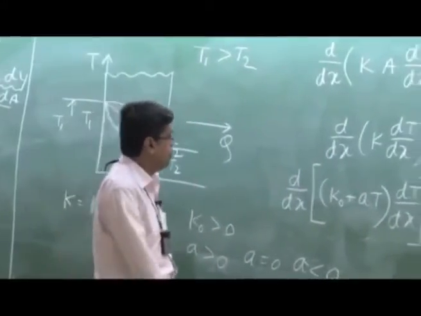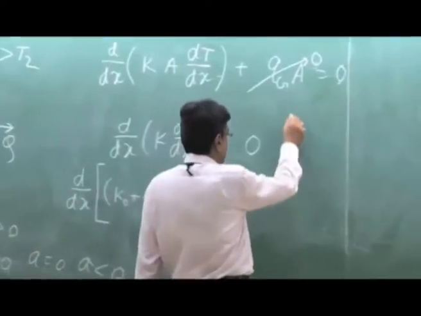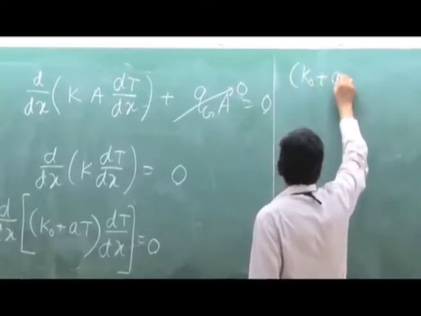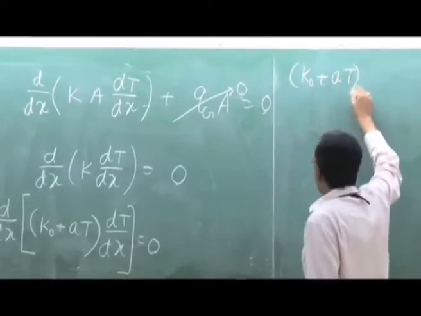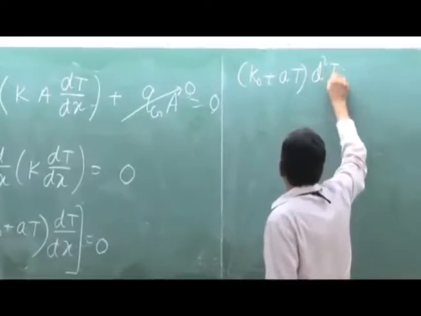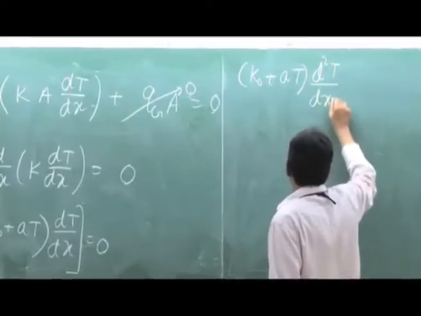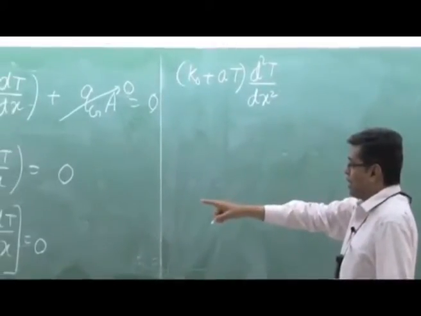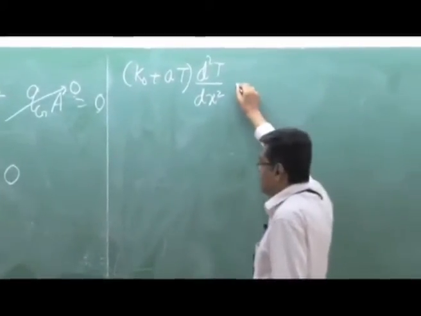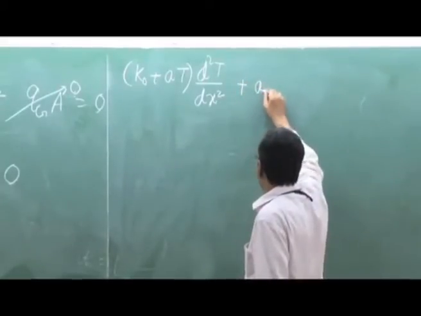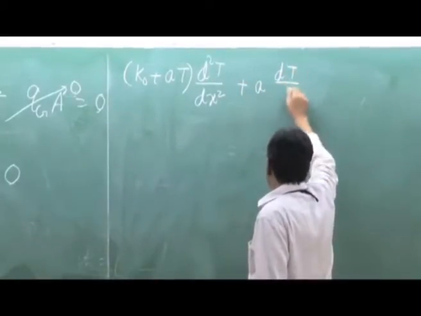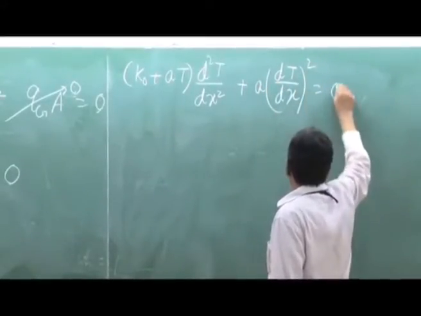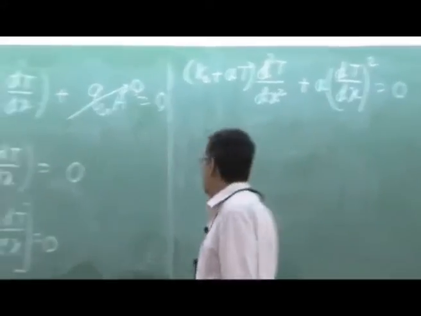Now if you solve it, we will get (K0 + A T) into d²T/dx², then the differentiation of (K0 + A T) is A dT/dx, that means plus A (dT/dx)² is 0. It is as simple as anything, school level things.